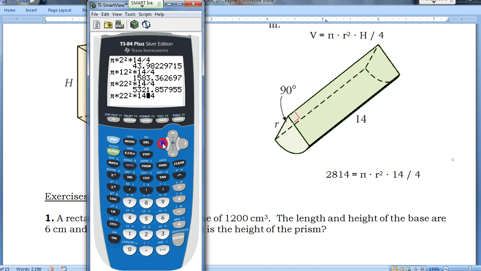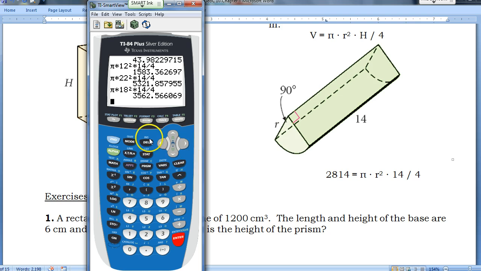And so the guess and check route is a pretty easy method, but it can get rather tedious to keep trying different answers. And so I'm just trying to get as close as I can get to 2,814. Oh, look, we got it. So it looks like 16 would be the radius of this sector.